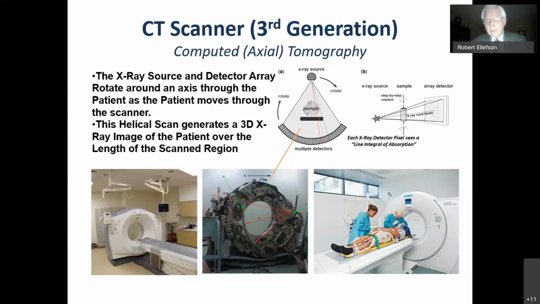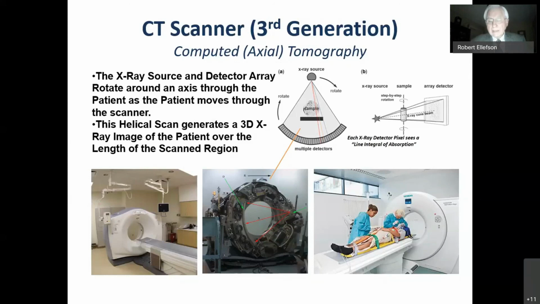Now you can imagine that if you're going to do a full body scan, you can end up with an awful lot of data that is stored in a very large computer, and then to take the data and generate an algorithm using Cormack's math, that can be quite a computer process.